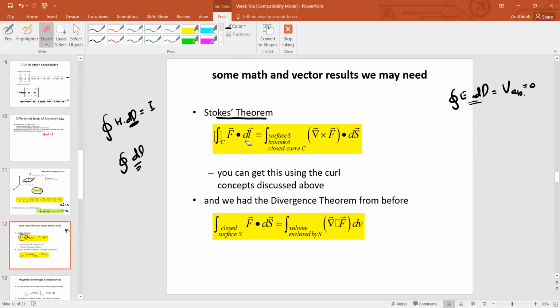When you have a vector and a closed path, then by the Stokes theorem you can transform this into the integral of curl of F dot ds. So transform this line integral into a surface integral. Here we have a single integral, and here we have a double integral, or surface integral, a two-dimensional integral.